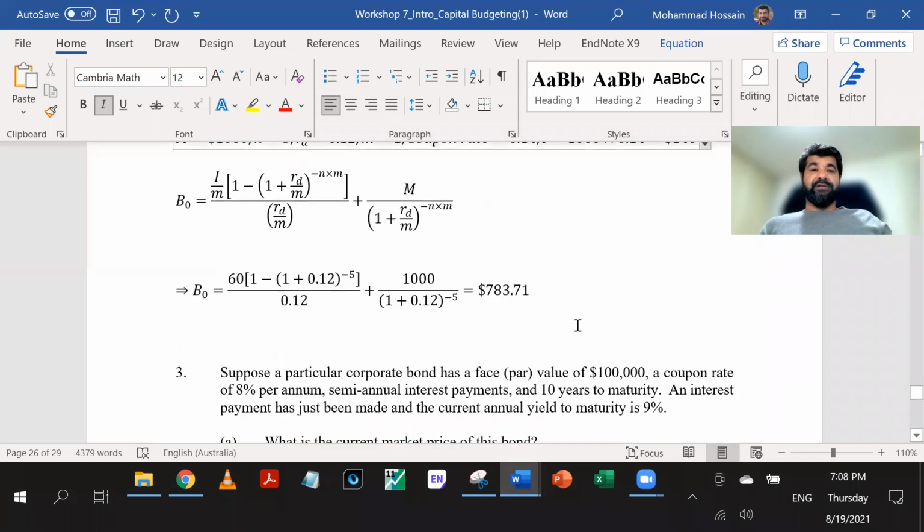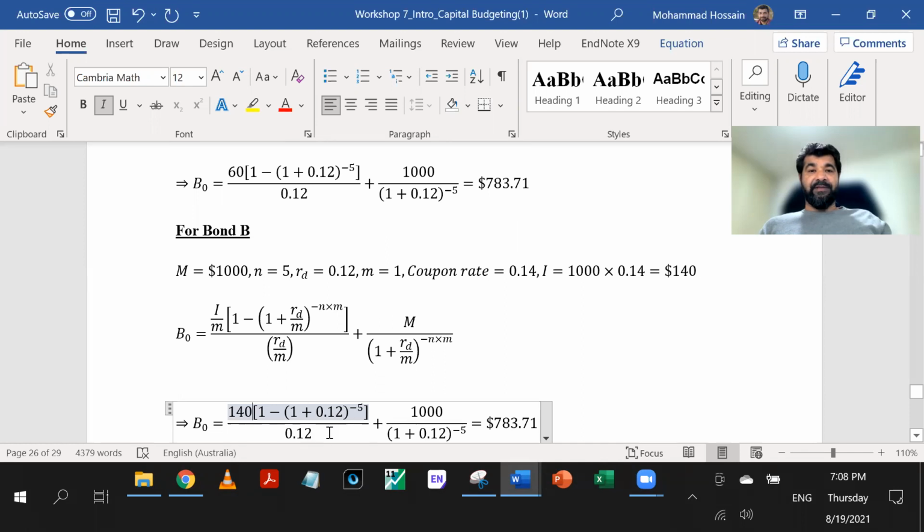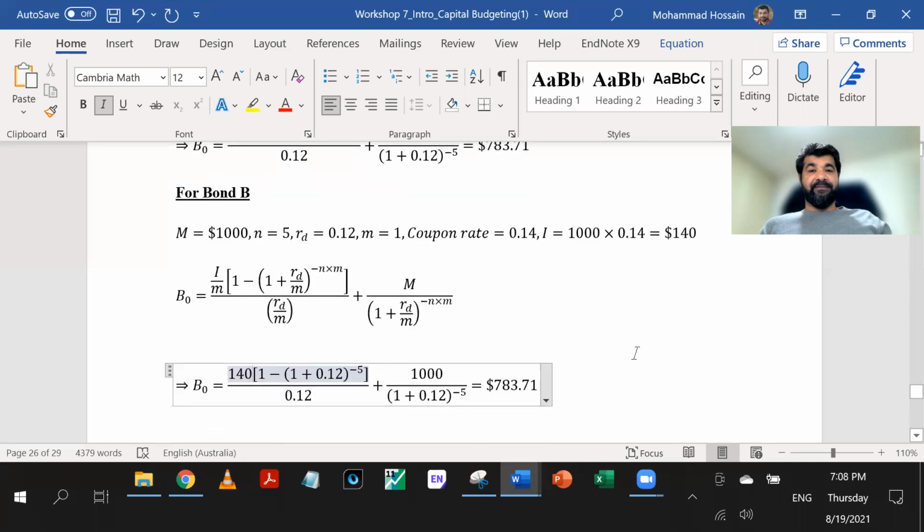All right. So now let's do it. So this is 140. RD is 12, that's okay. N is 5, that's fine. M is 1,000, that's fine.